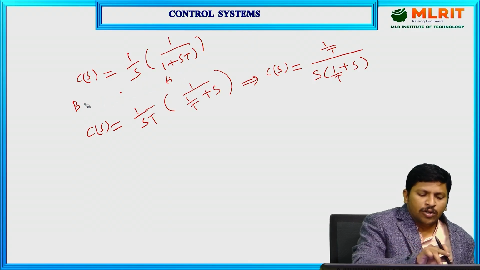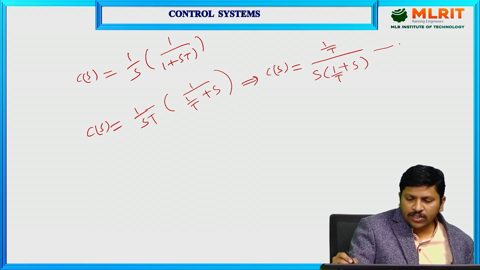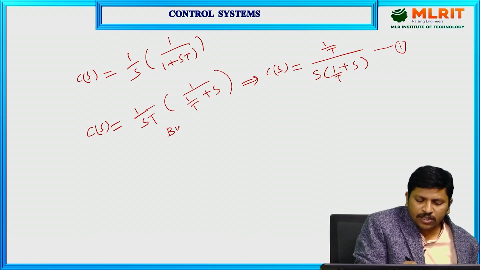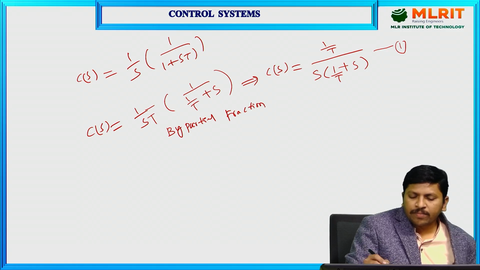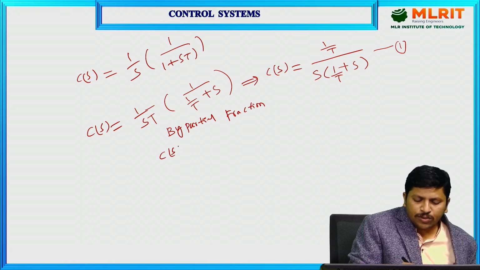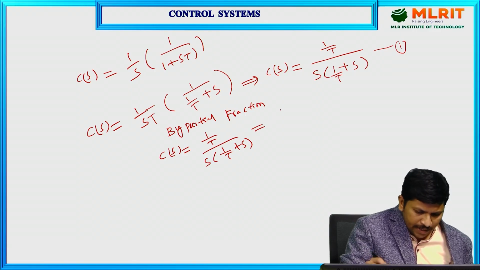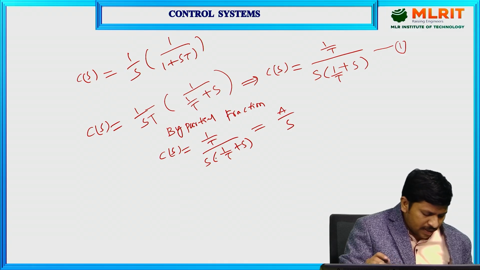Now apply partial fractions for this equation, equation number 1. By partial fractions, C of s equals (1 by T) divided by s into (s plus 1 by T), which equals A divided by s plus B divided by (s plus 1 by T). Here 1 by T is just a constant value.